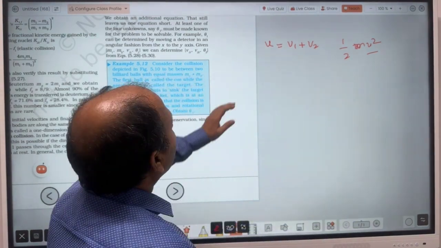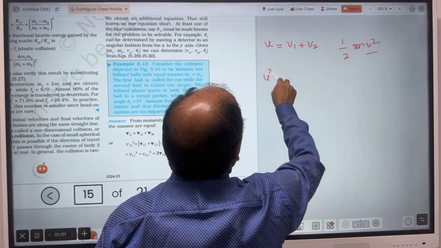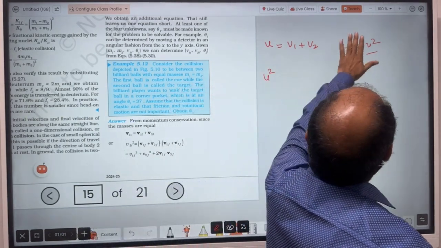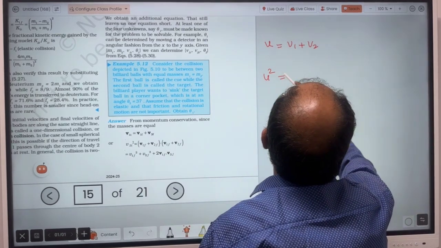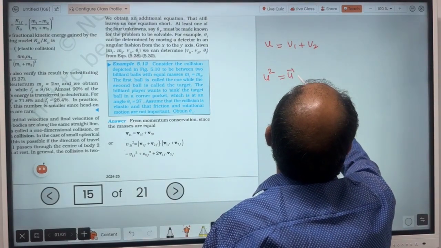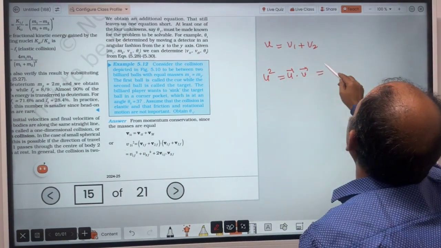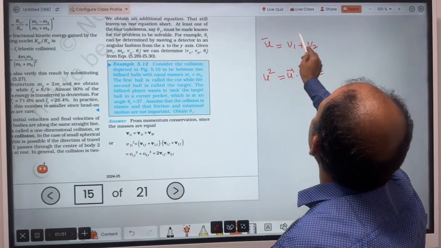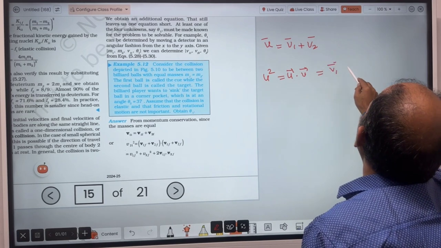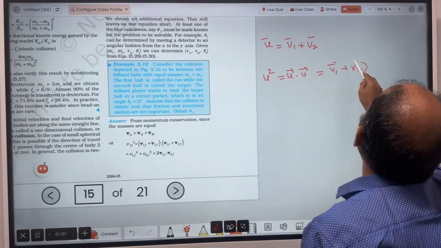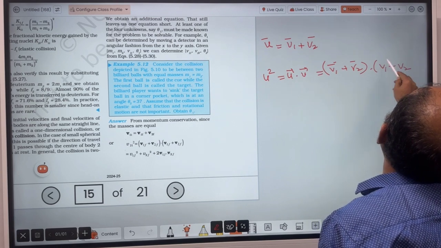So first of all we have to find out u square. We can split u square like u vector dot u vector, and u we consider as v1 plus v2, so it will be v1 plus v2 dot v1 plus v2.